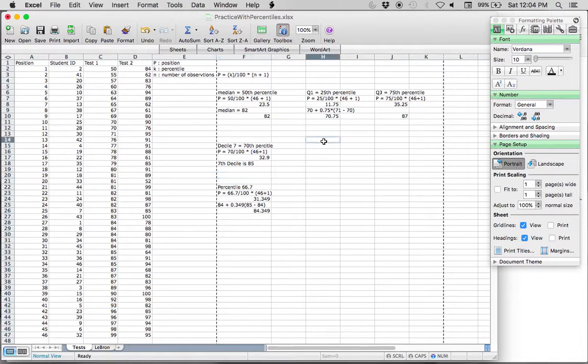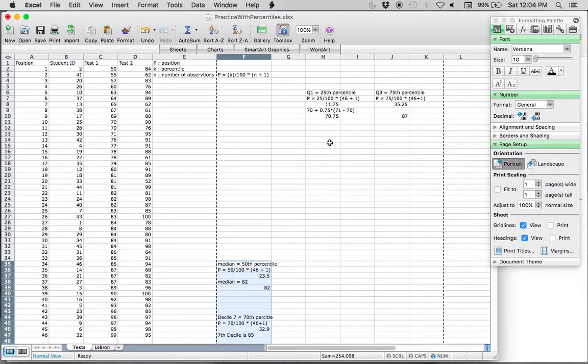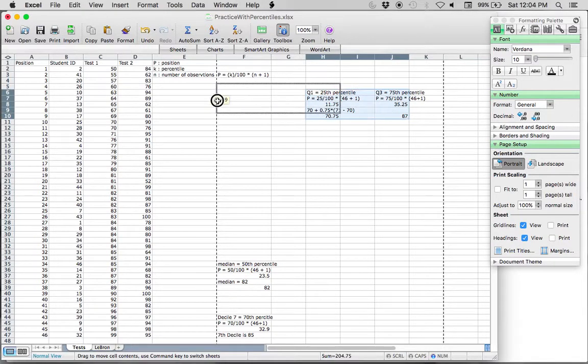Now let's find the interquartile range. I'm just going to move this so it's not a distraction. Alright, and I'll move this over here so it's front and center.